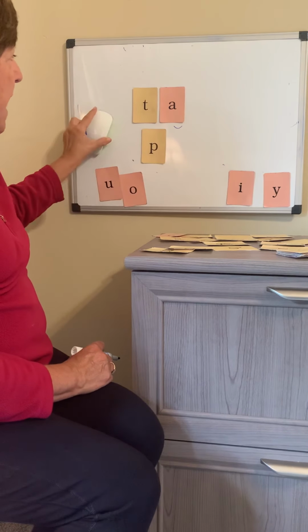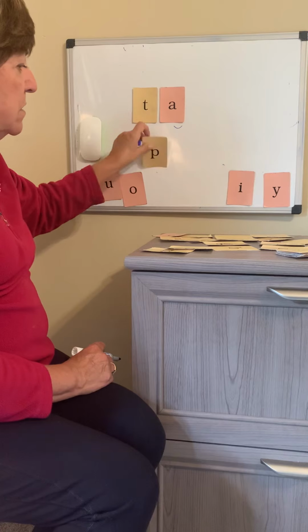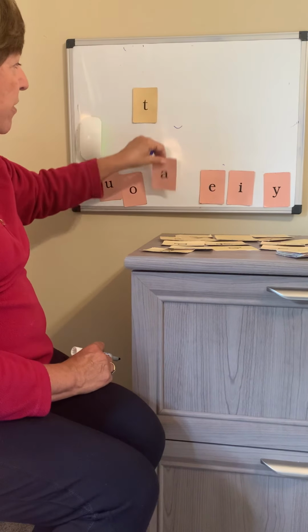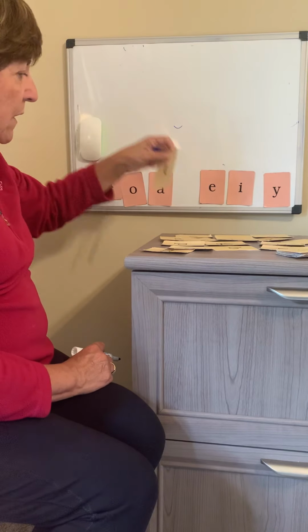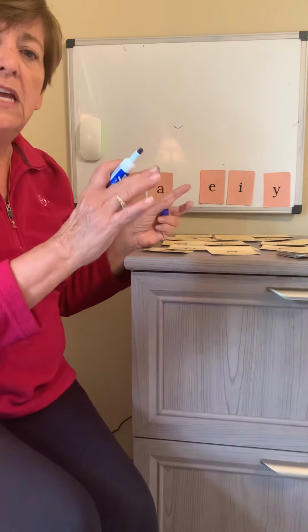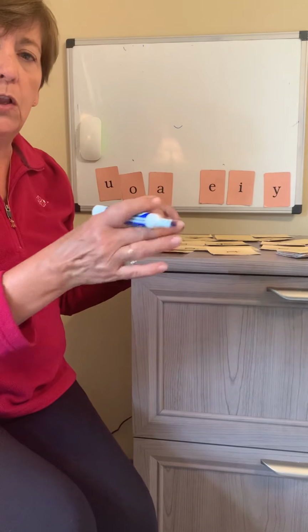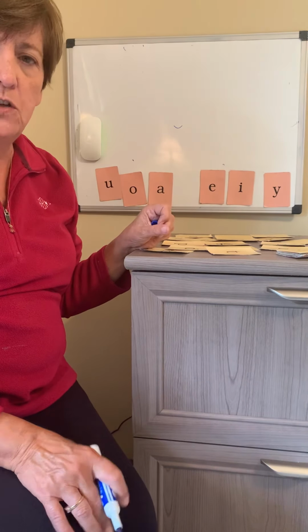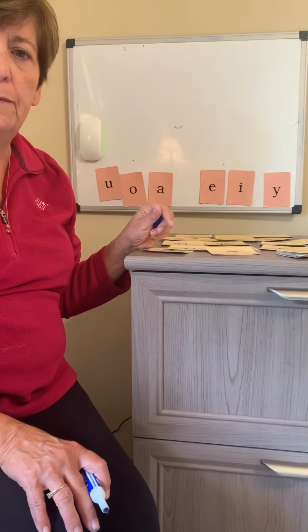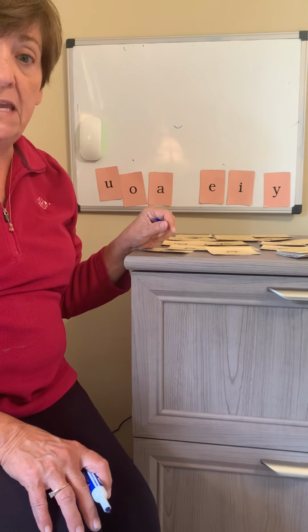Now, just as in other words, we can combine different kinds of syllables with our consonant LE syllable. We've already talked about how we can add open syllables and closed syllables, but what if we had a double vowel, a D syllable, like the word beagle.